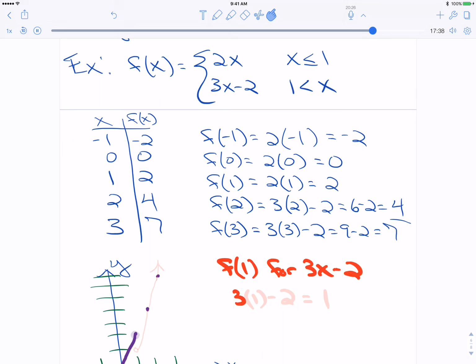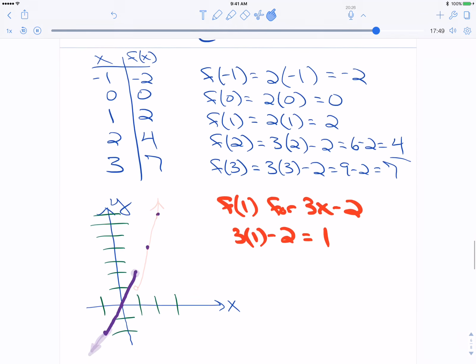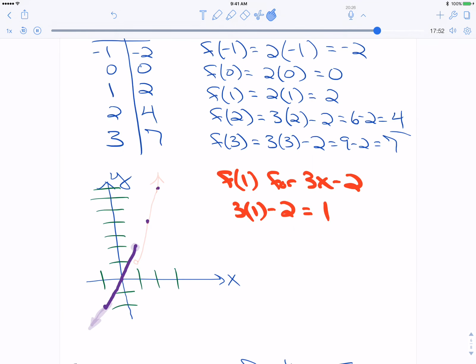So that would be 3 times 1 minus 2, getting me 3 minus 2, or 1. So what I'm going to do there is, instead of having this big dot, I'm going to make an open circle at the point 1, 1. And that point is where this other part of the graph would be if it actually hit that point.